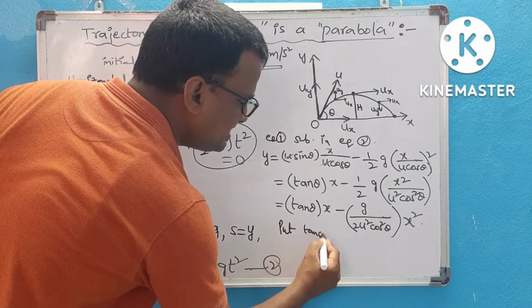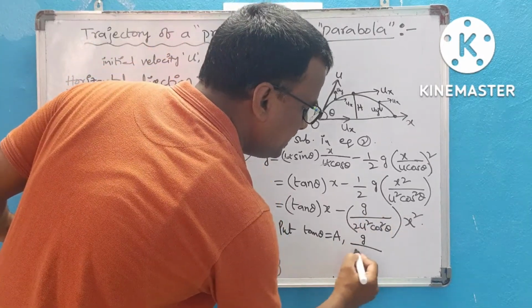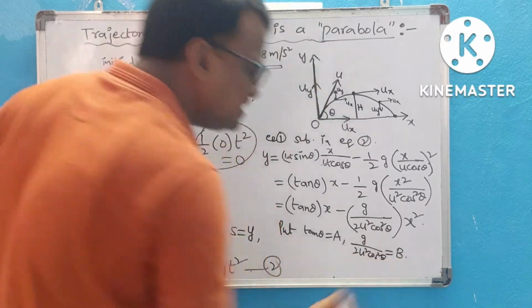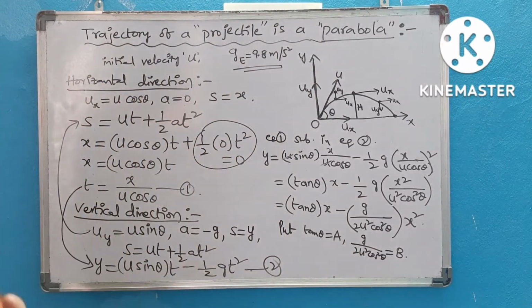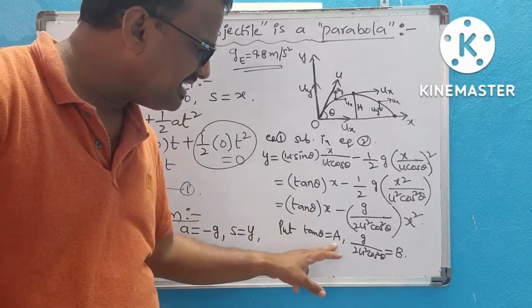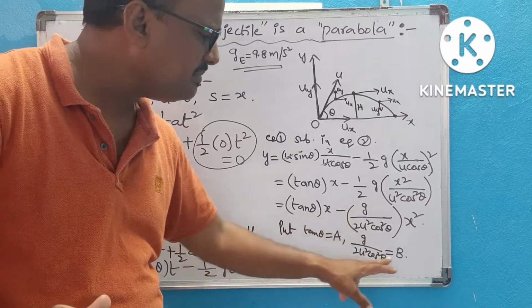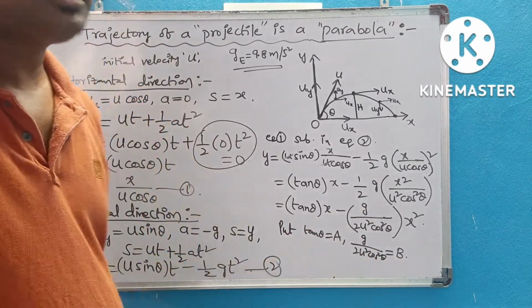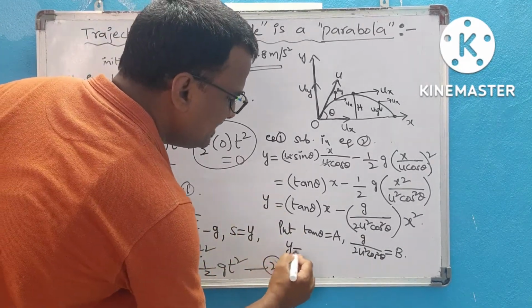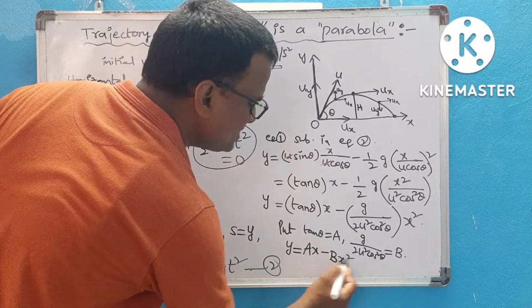So tan theta is equal to a, and g by 2u square cos square theta can be taken as b. Of the terms in the brackets, tan theta can be treated as a, and g by 2u square cos square theta can be treated as b. A and b are constants. So finally we get y equal to ax minus bx square.